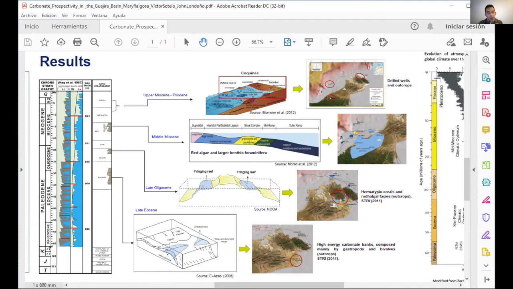This unit outcrops in the eastern flank of the Cocinas Range and is composed mainly of mollusks. There is no well that drills similar carbonate banks in the subsurface. Second, the hermatypic coral reefs outcropping toward the south of the Harara Range developed during the late Oligocene. Until now, coral reefs haven't been found by hydrocarbon wells in the subsurface.